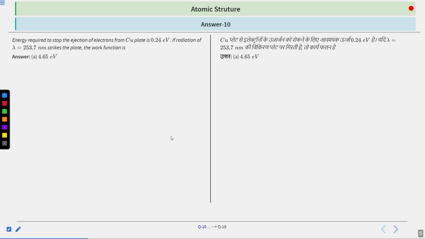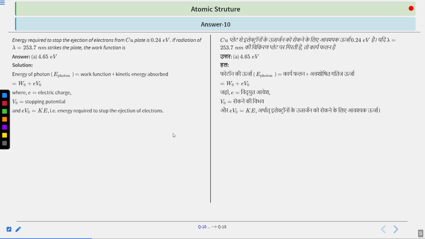Now let us see the solution. What is the energy of photon? The energy of photon equals work function plus the kinetic energy. That is written as W naught, which represents the work function, and eV naught, which represents the energy absorbed. Here e is the electric charge and V naught is the stopping potential.